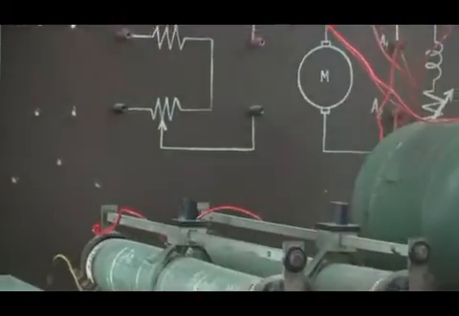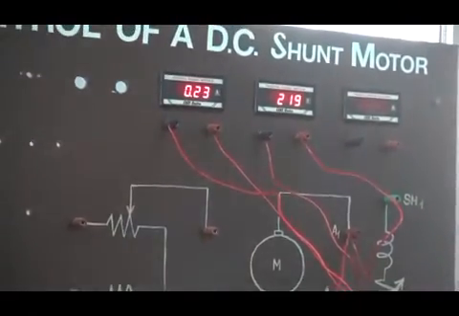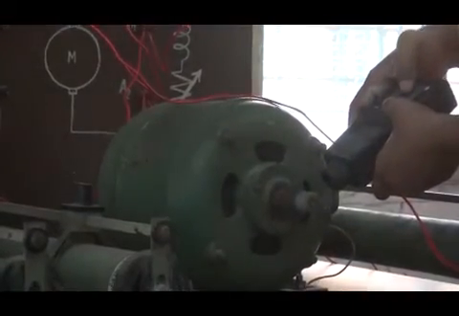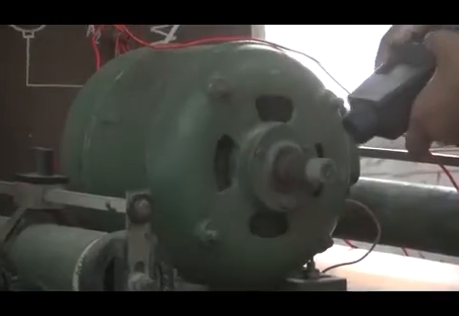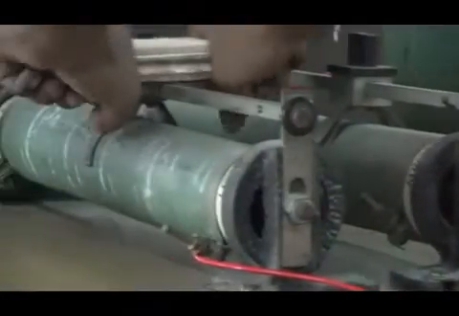For further increment of resistance, we can see voltage has dropped further. Now the speed is coming out to be approximately 1938 rpm. We will be increasing the resistance further.